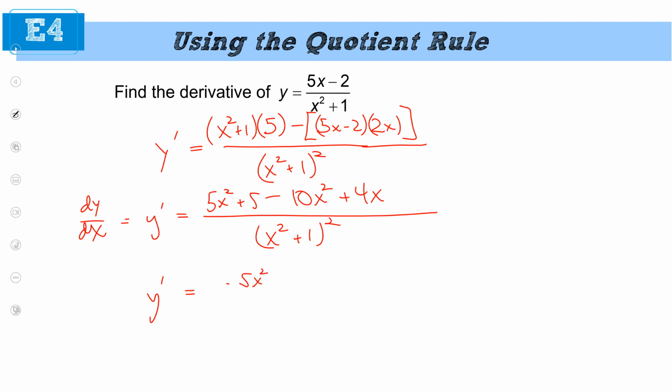Minus 5x squared plus 4x plus 5, all over x squared plus 1 quantity squared, and I'm done. I could mess around with that numerator, see if it cancels at all, or see if it factors at all. I don't care right now. Simplify the numerator, leave the denominator alone, call it quits for the day.